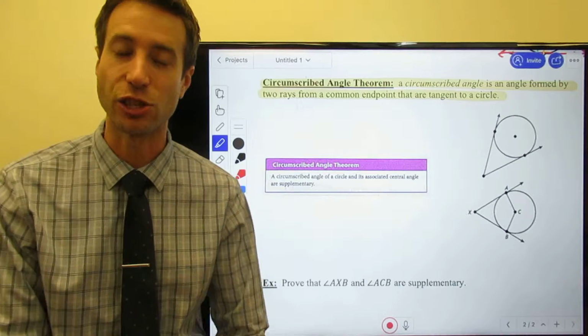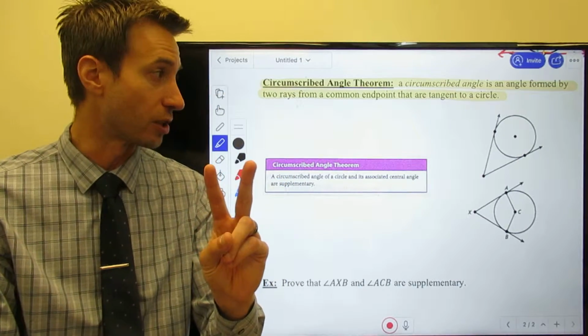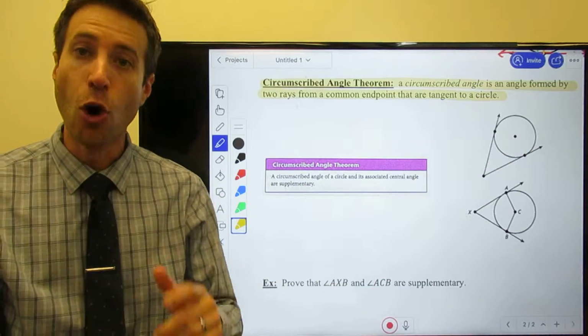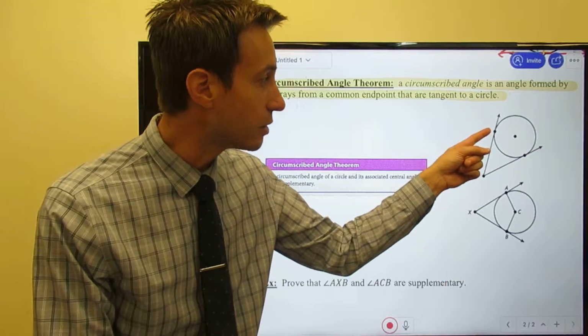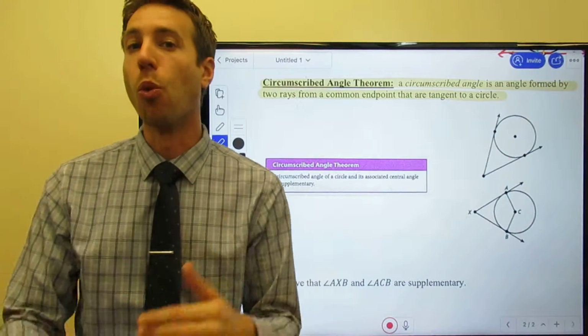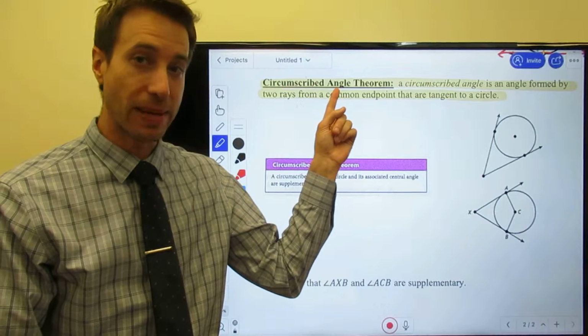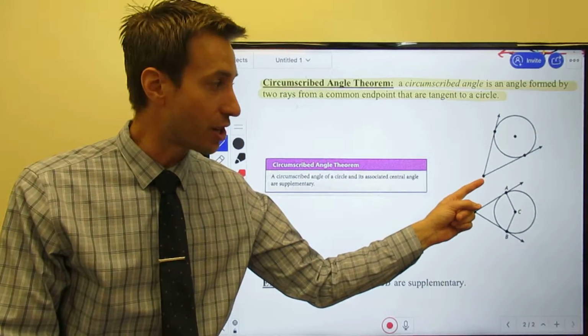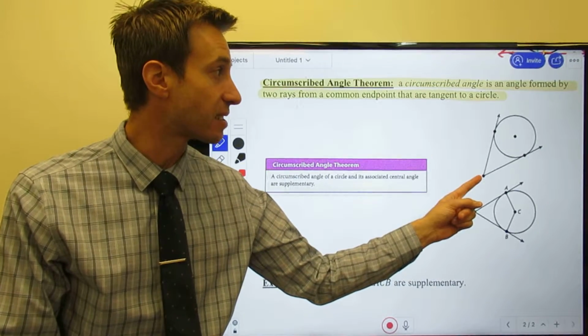It is simply this. You take two tangent lines. I have two tangent lines here. How do I know they're tangent lines? Well, they're lines drawn so that they intersect the circle at exactly one point. What gives me the circumscribed angle is those tangent lines both originate from the exact same point, right?